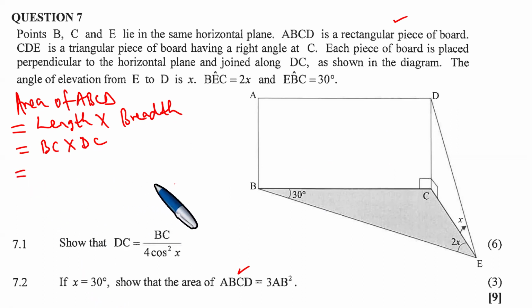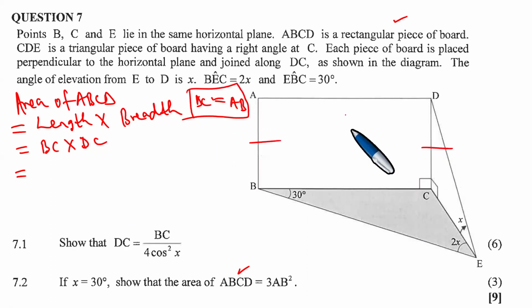But also you can take the fact that if you take BC times DC, you see DC is equal to AB. You can take that into account because these are opposite sides of a rectangle, so they're equal to each other. So now at this point, you say BC, and then you multiply by DC.